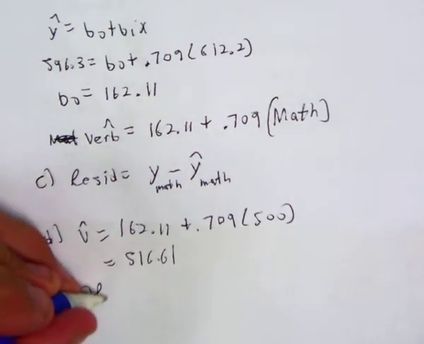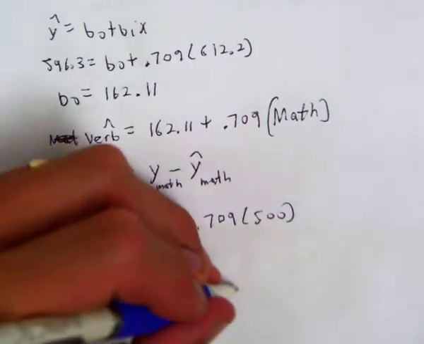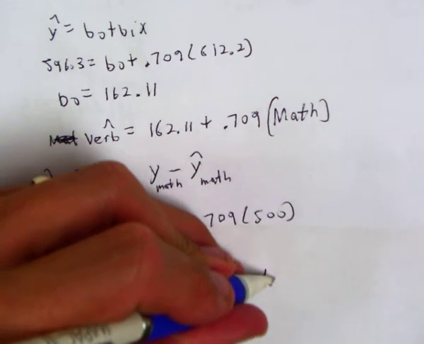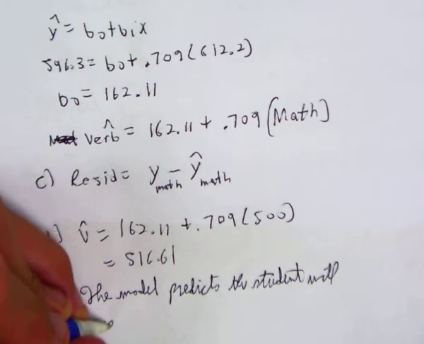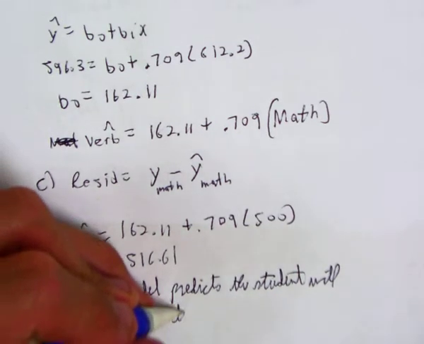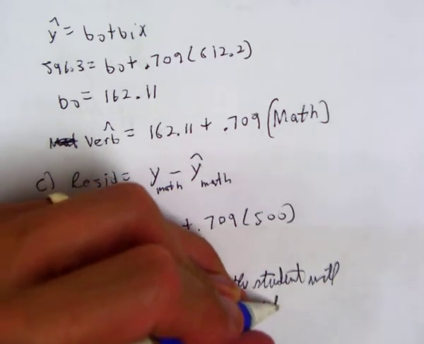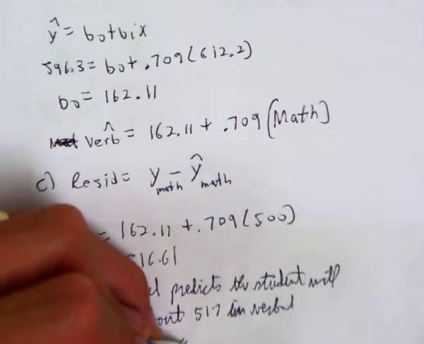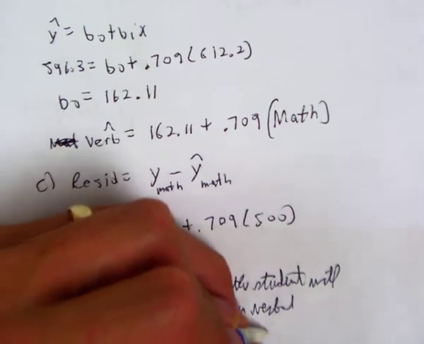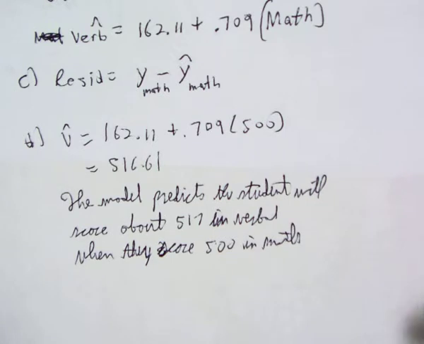So the model predicts the student will score about 517 in verbal when they score 500 in math. Okay.